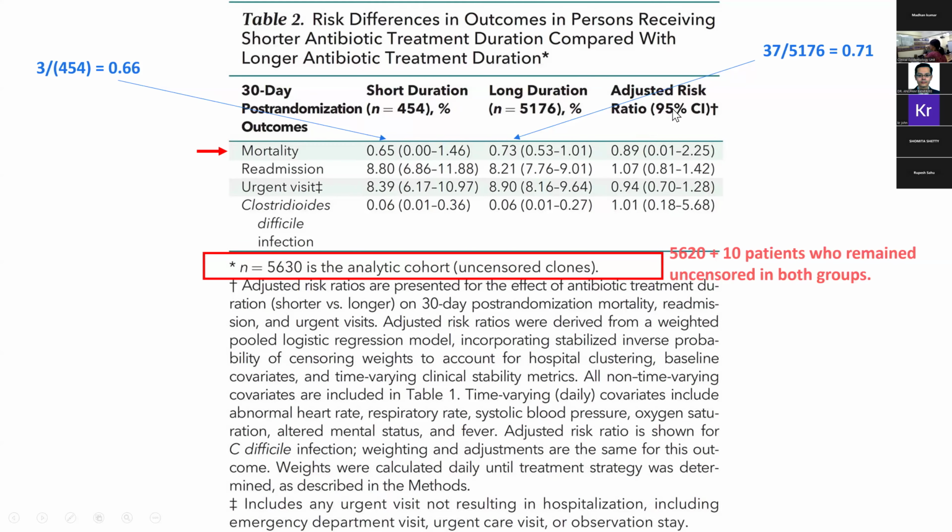So the adjusted risk ratio, after adjusting for baseline variables and time varying variables with weighted pooled logistic regression models, finally was 0.89. Now when we are estimating a relative risk, we can see that this crosses 1, so it crosses the line of no significance. So it might not be significant.